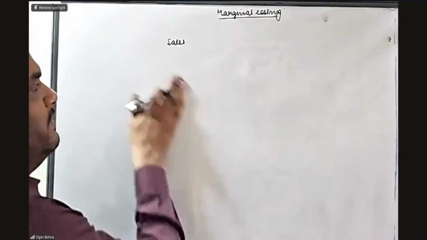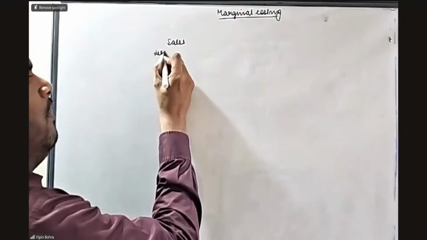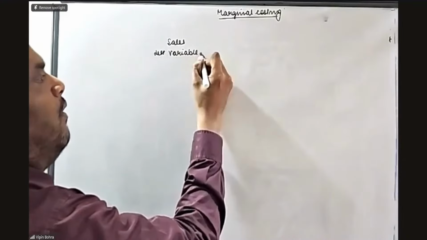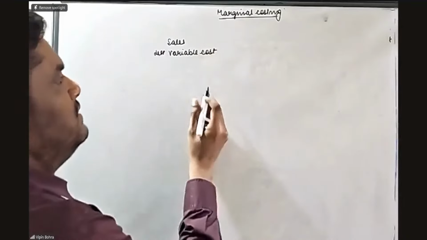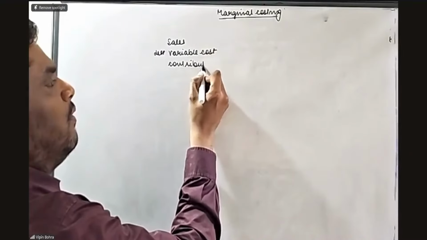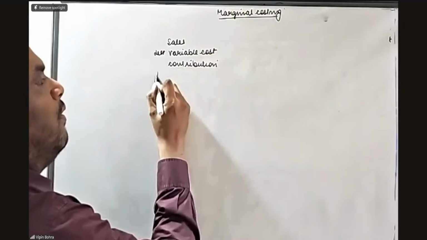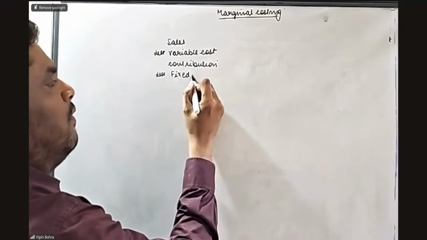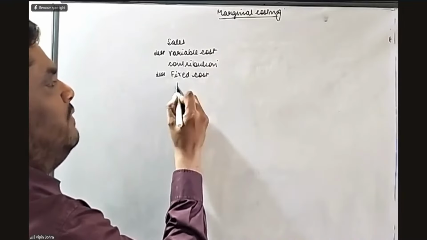That is sales, less variable cost is contribution, less fixed cost is what we call profit.